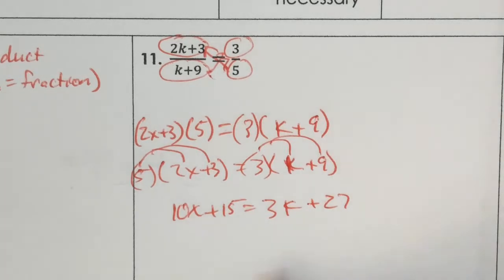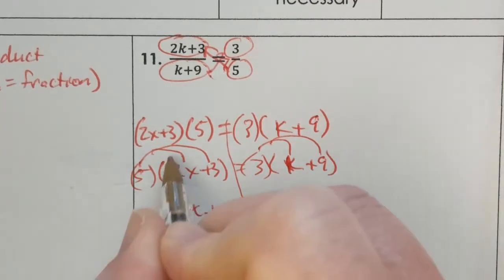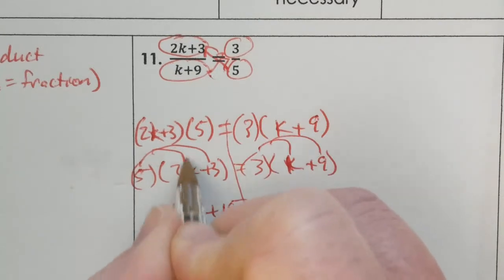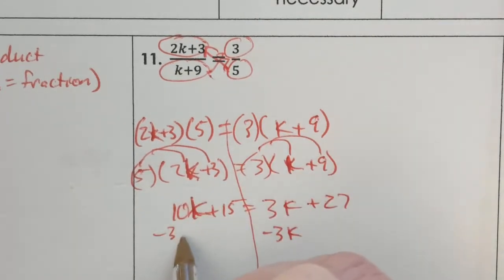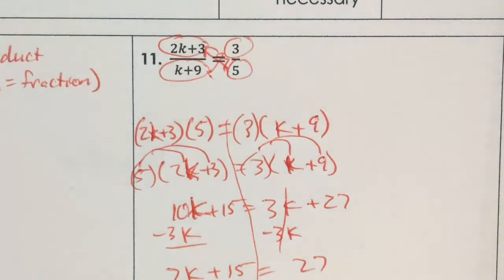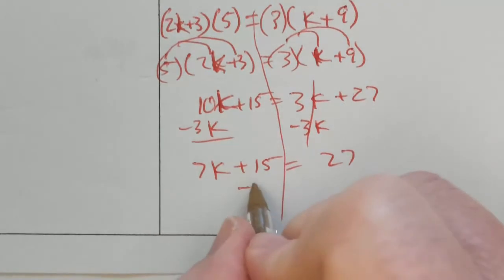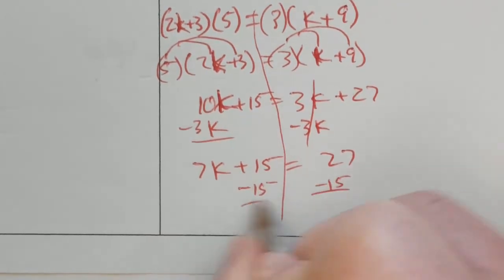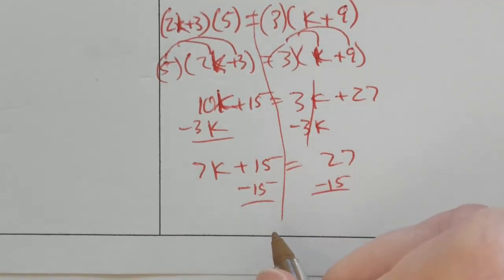Just double checking. Okay, now solve. So now we're going to subtract 3k from both sides. I'm sorry, that was supposed to be k the whole time. Sorry about that. So we want to subtract 3k from both sides. That would be 7k plus 15 is equal to 27. We're going to subtract 15 from both sides. 27 minus 15.